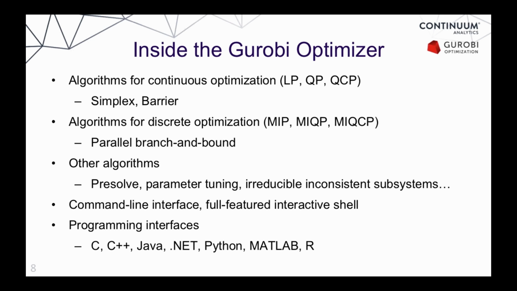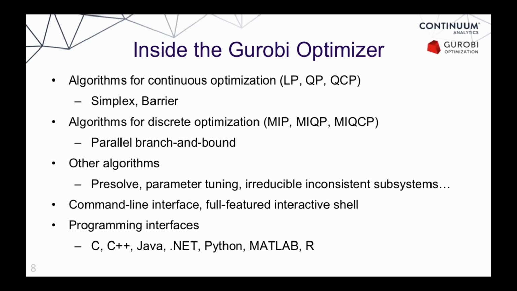Of course, there are other algorithms included, such as pre-solve, which is designed to reduce the problem sizes and strengthen the formulation. We have parameter tuning tools, which look for the best parameter settings to customize your algorithms. And we have tools that help you determine infeasibilities in your model, like irreducible inconsistent subsystems. What's key is that Gurobi lets you work however you prefer.